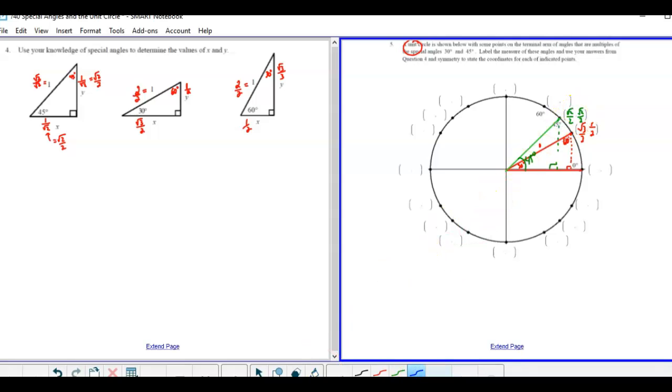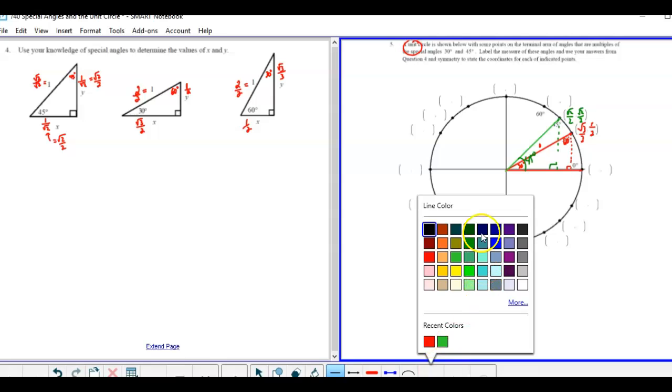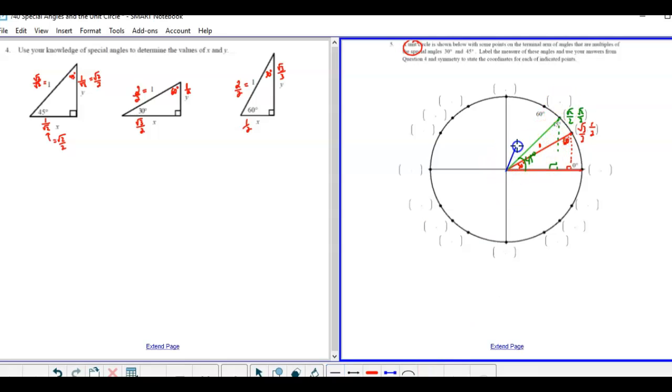Then let's do, I'll do it in blue. So here we go up to the 60 and then draw a triangle from there. So this whole angle here is 60. All right, so that would be this one.